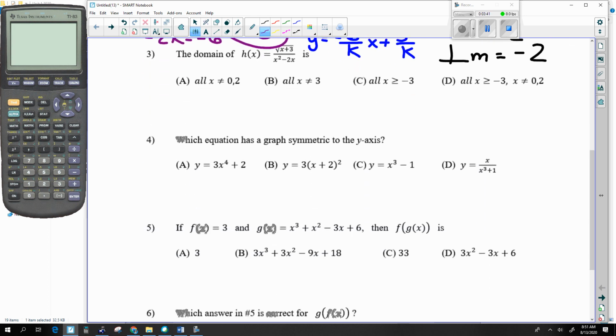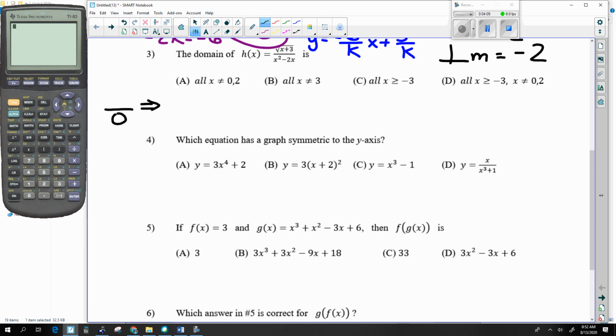Okay, the domain of this. When you're looking at the domain, what you're really trying to look for is illegal mathematics. Illegal mathematics would include bottom zeros, square roots of negatives, those sorts of things. Those things can't exist. All right, so one of the things that I see that could exist in this current equation is we could get a bottom 0.